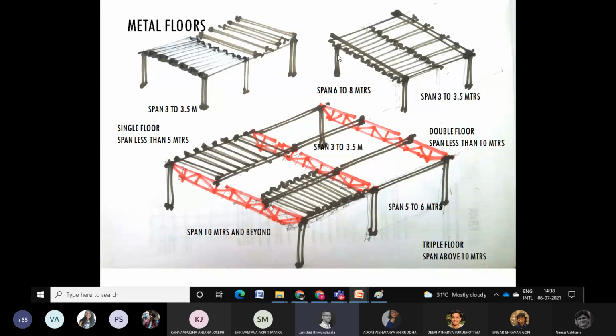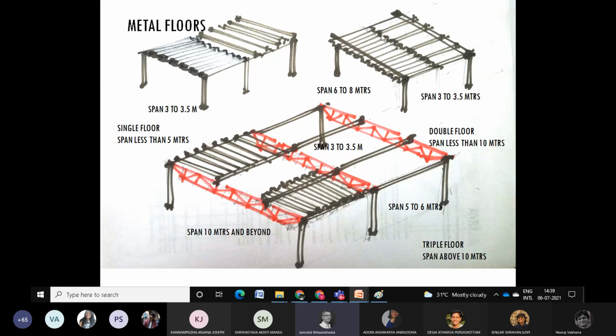In the other one, where the spans become large, between 3 and 6 meters, what you do is put additional spanning members, in a manner such that you create further internal smaller spans of 3 to 3.5 meters, so that you can then put joists in the other direction. So you put this heavy duty member, and thereby you cut down the span.